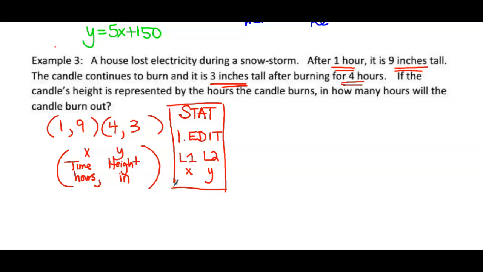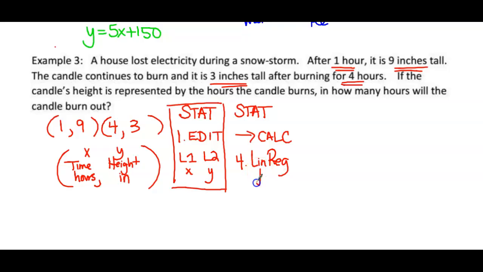After you get those all pressed in, you're going to press stat again. After you press stat, you're going to arrow over to calculate. We did this in class for the past 2 days. You're going to press number 4. It looks like linear regression.